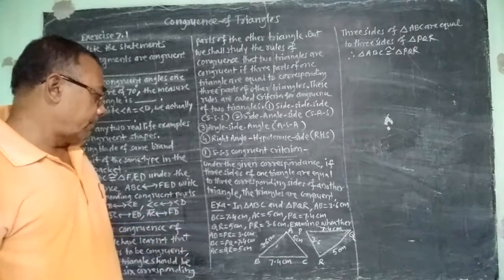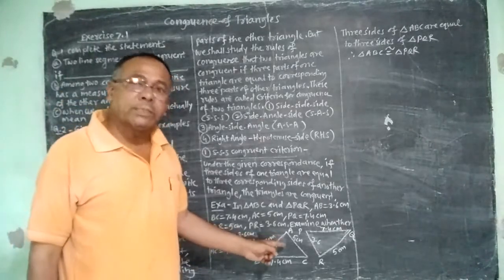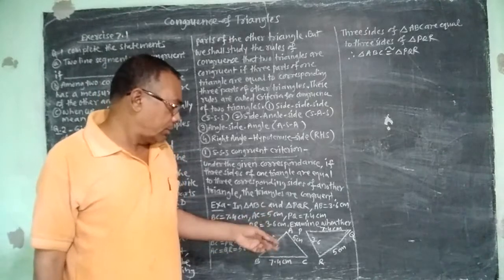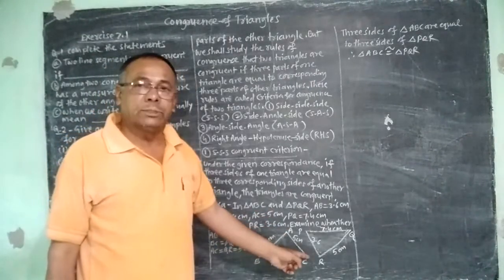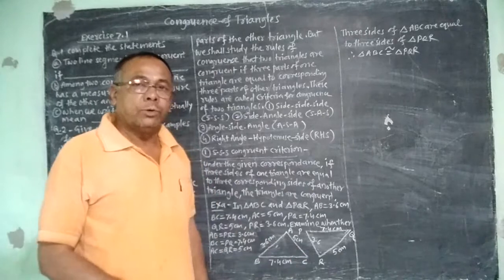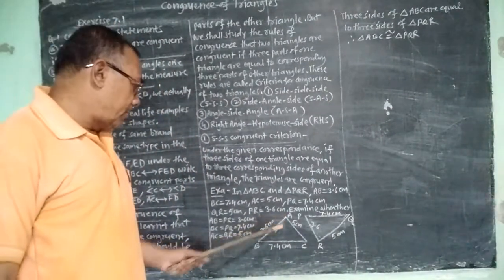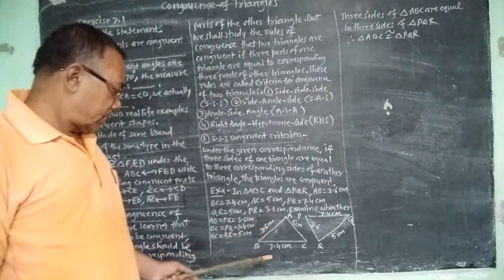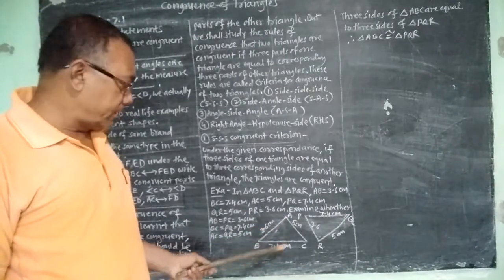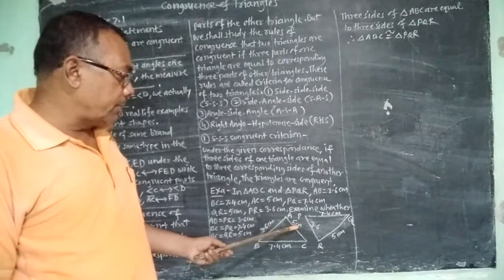For this question, we have drawn the two triangles. Here AB is equal to 3.6 centimeter, BC is equal to 7.4 centimeter, AC is equal to 5 centimeter.